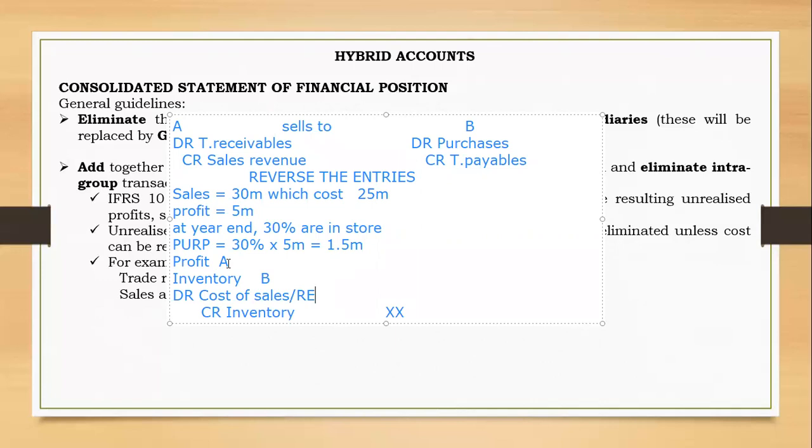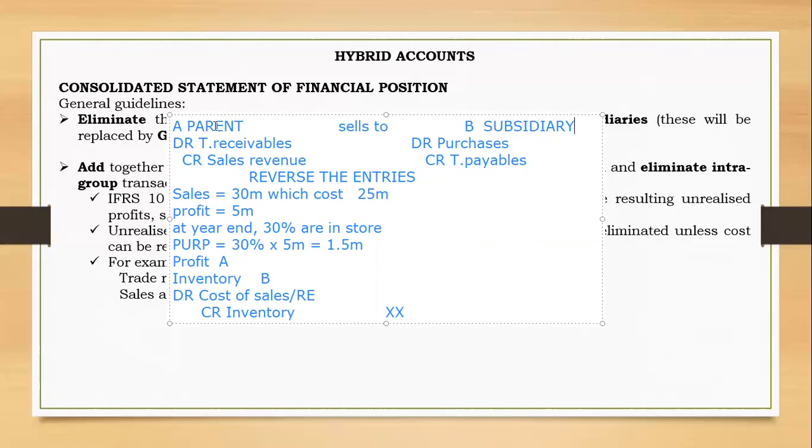So whenever you are touching something about equity, you have to know whether this equity corresponds to the parent or to the subsidiary. Let's presume that A was the parent and B was a subsidiary. So it's A who earned the profit. A is the parent.